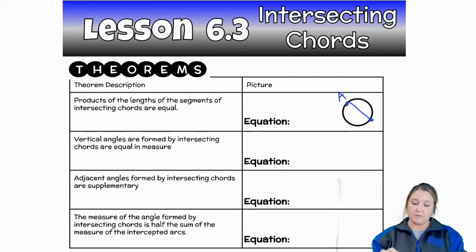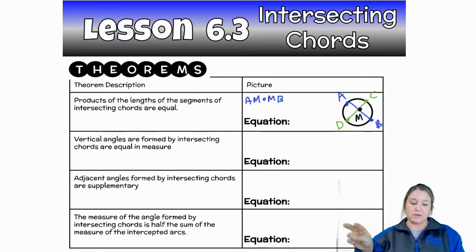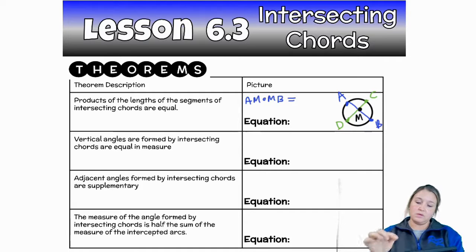We'll call that chord AB is going to intersect chord CD here, and they intersect at a specific point, right there, we'll call that M. So then AM times MB, so the two segments multiplied together, that's product, is going to be equal to DM times MC.